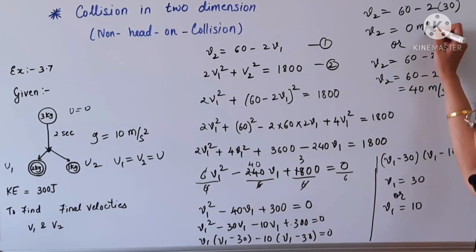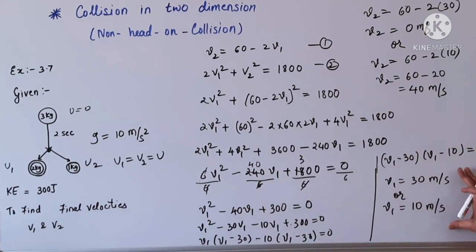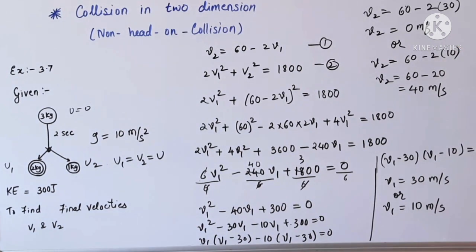So we have got two values for v1, 30 and 10, and two values for v2, 0 and 40 meters per second.